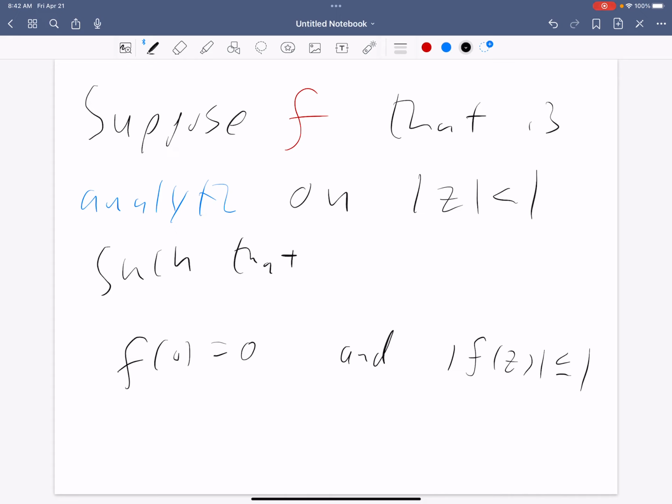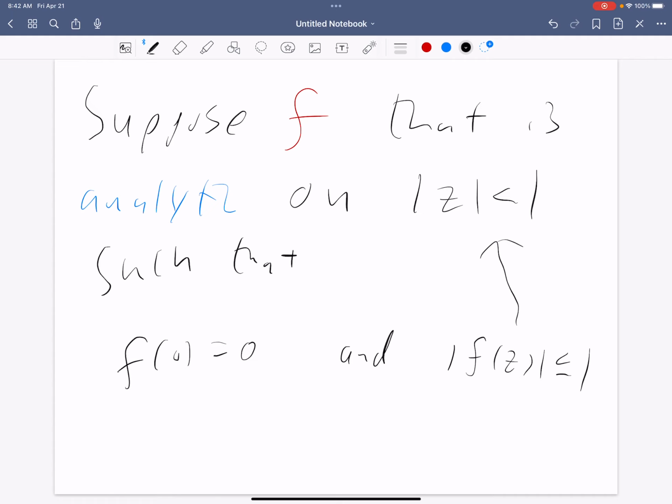And again, this holds for all of the inputs that we're caring about right now. So we're analytic, and we're only looking at the absolute value of z being strictly less than 1. So suppose you have this setup.